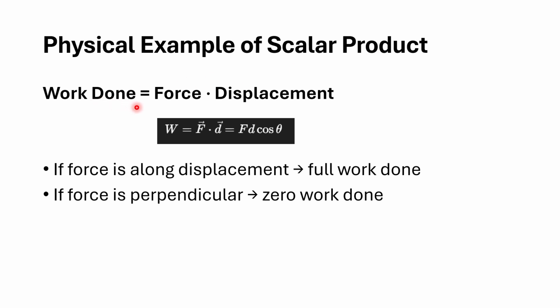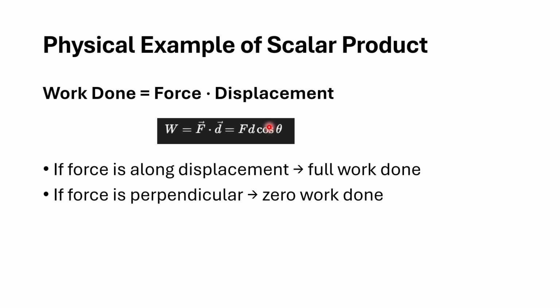The work done is the force applied on a body along a displacement, and both of these are vectors. But when we multiply them to find the work done, we apply a dot, because work is a scalar product of F and D, and the result will always be a scalar.